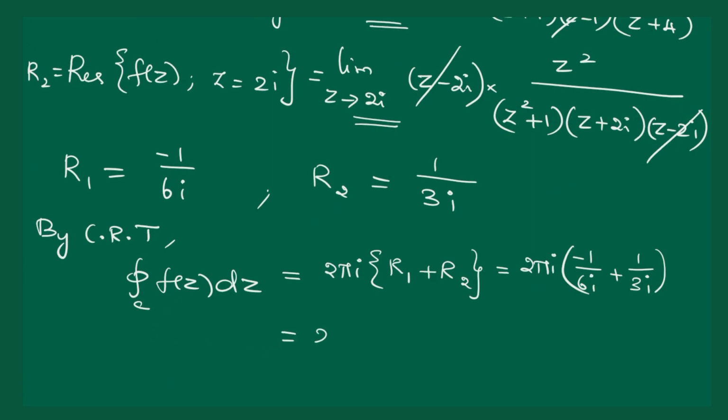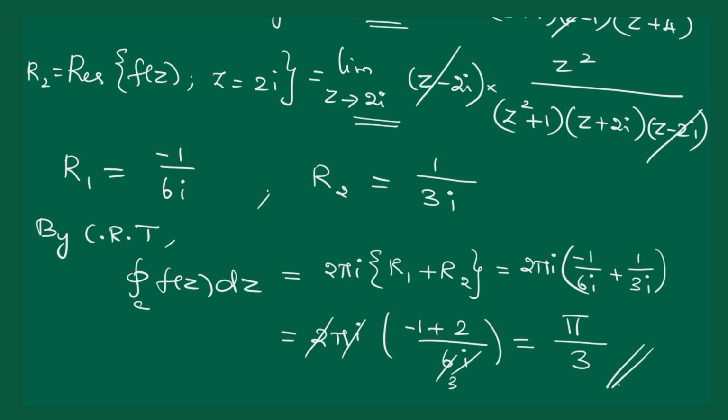So this is equal to 2 pi I into, if you simplify that, minus 1 plus 2 divided by 6I. So this is equal to plus 1, and then we can cancel it, it becomes 3, and we can cancel again. 2 minus 1 is 1, and then here it is pi, so pi divided by 3. So pi by 3 is the final answer.